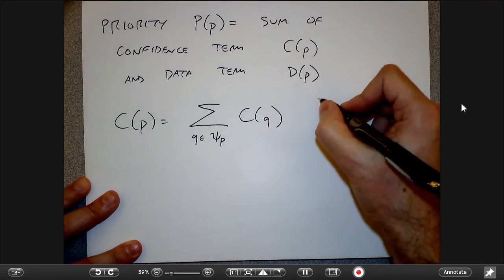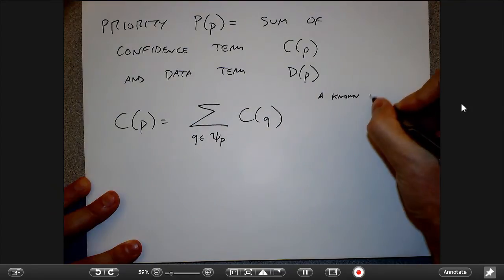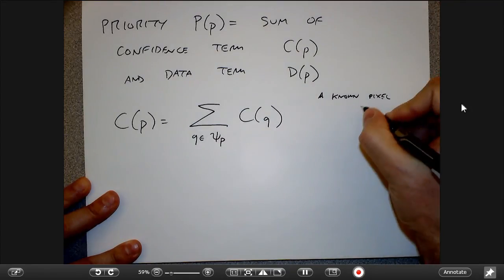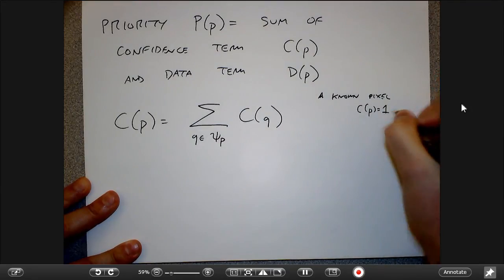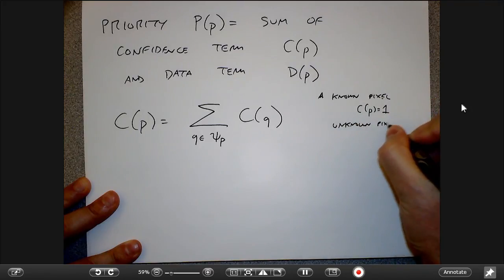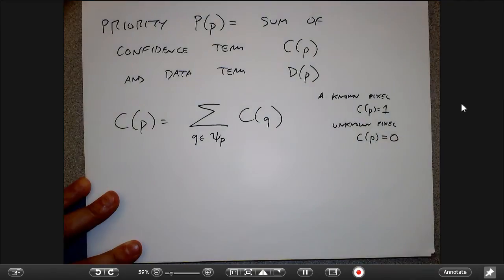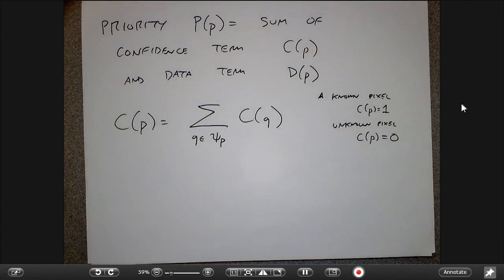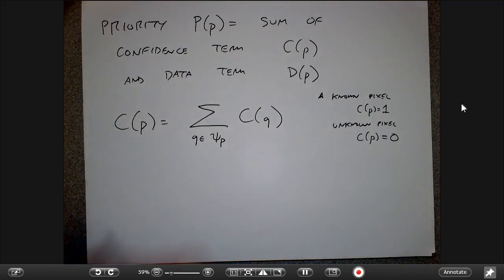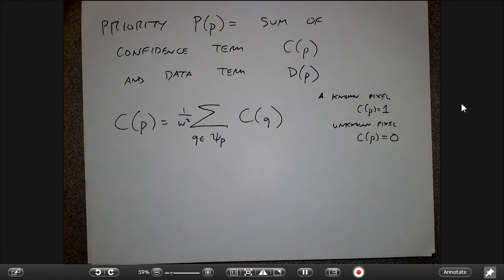So basically a known pixel has C of P of 1, and an unknown pixel has C of P of 0. Okay. And if I wanted to, I could divide this by the number of pixels. Since that's the same for everybody, it doesn't matter too much.